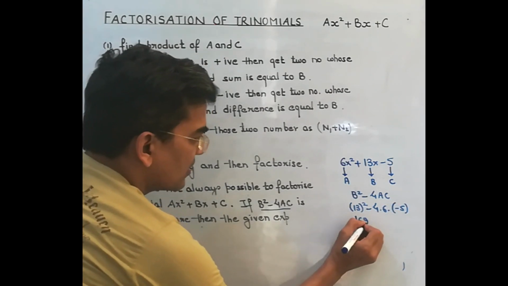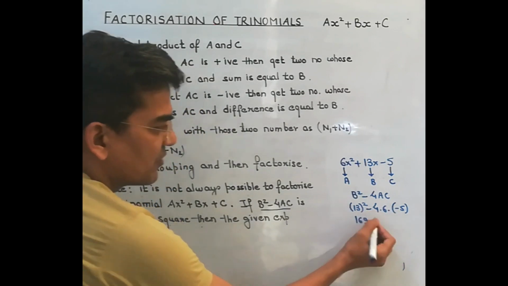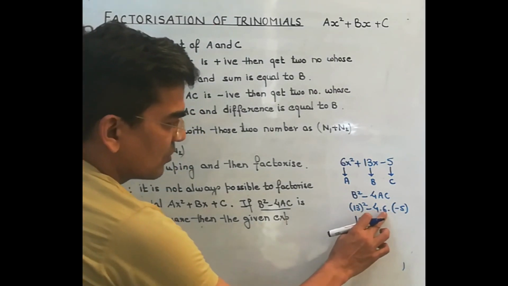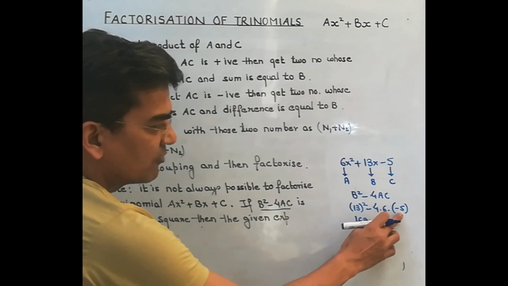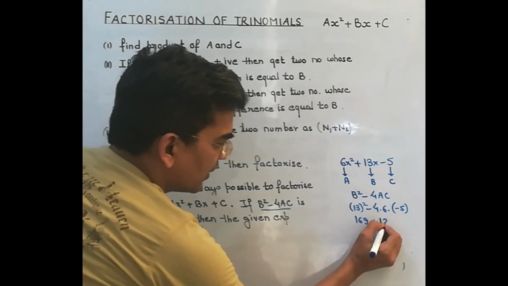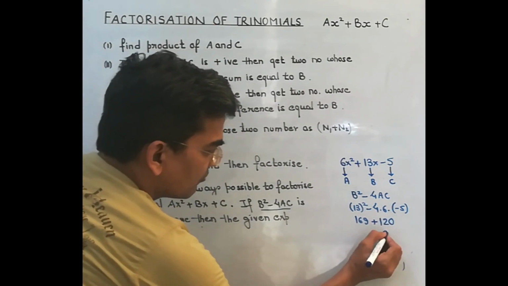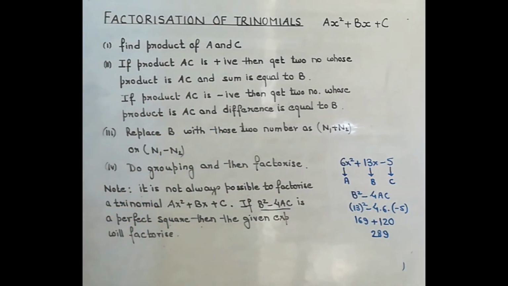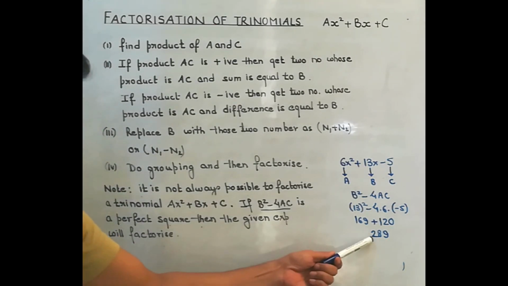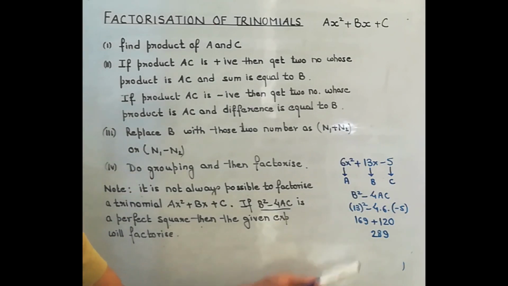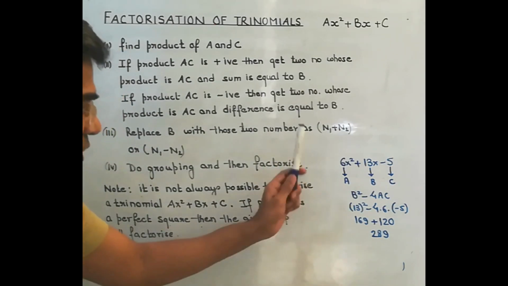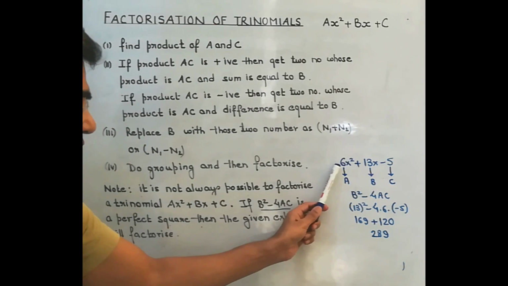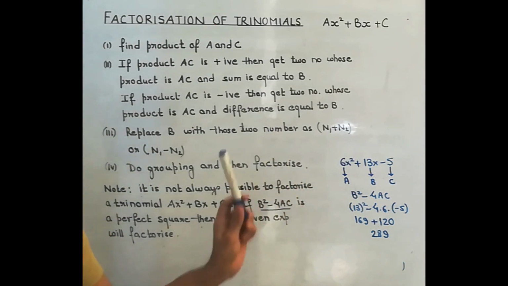So 169, this minus will give you plus. So this is 6, 4, 24, 24 into 5, 120. So that will give you 289. Now we know that 289 is a perfect square. It's a square of 17. It's a perfect square, so that means we are sure that factorization of this trinomial will be possible.